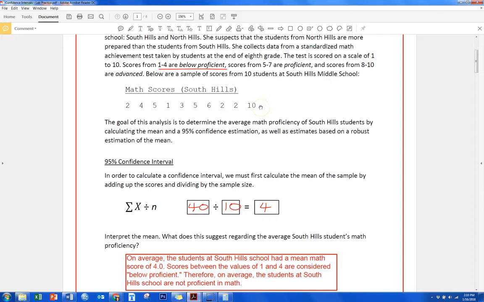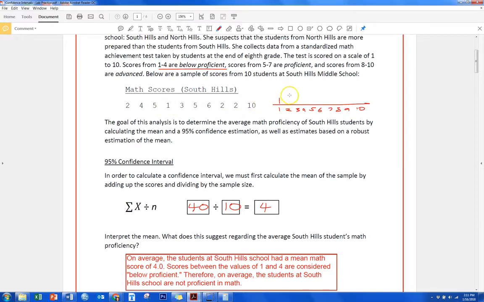So if we were to graph this, we can actually do that. Let's make kind of a histogram. So 1, 2, 3, 4, 5, 6, 7, 8, 9, 10. We have 1, let's see how many 2s we have.